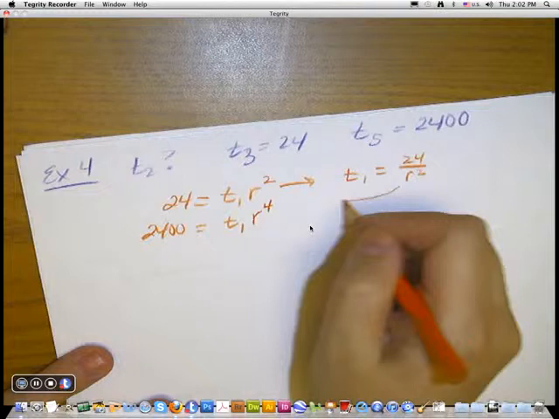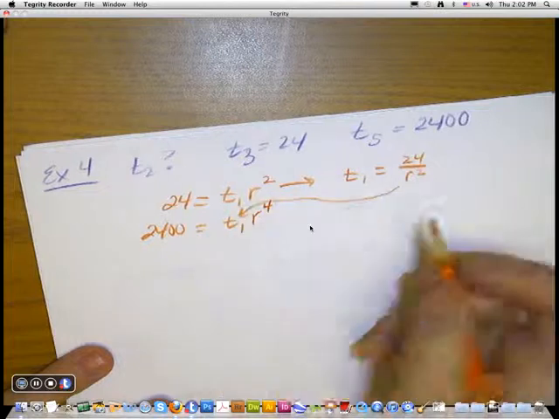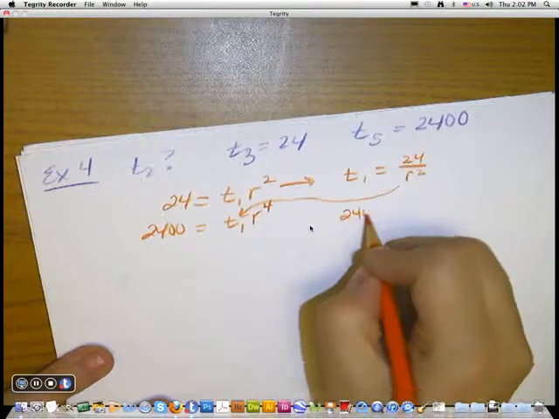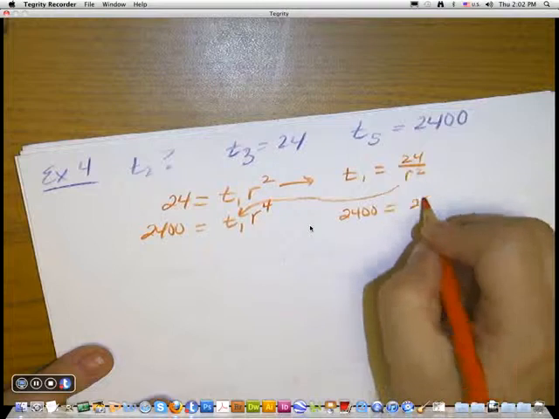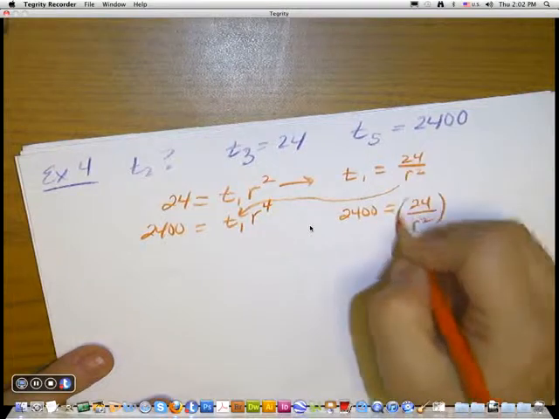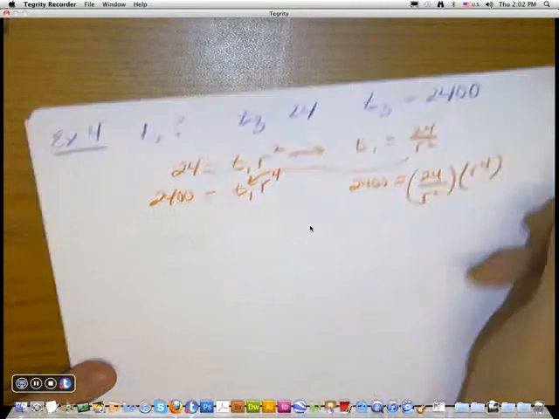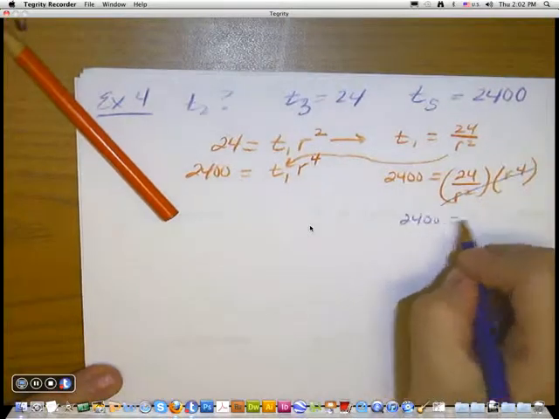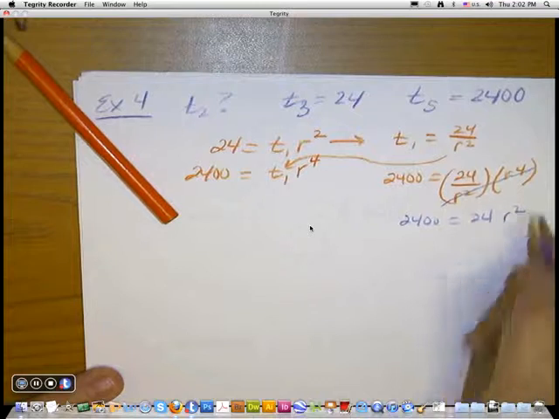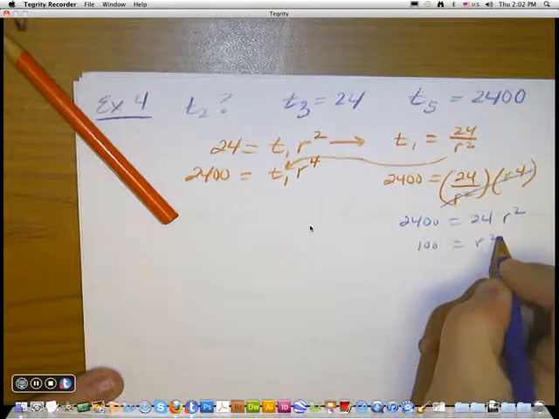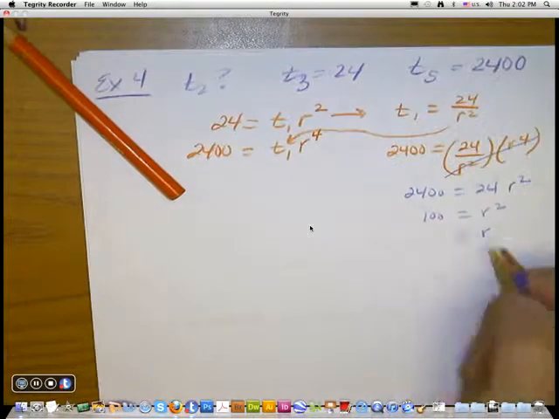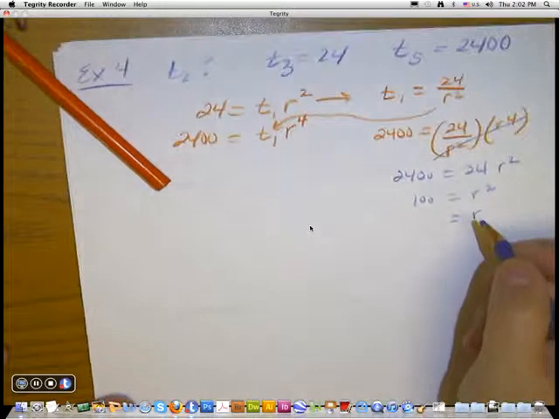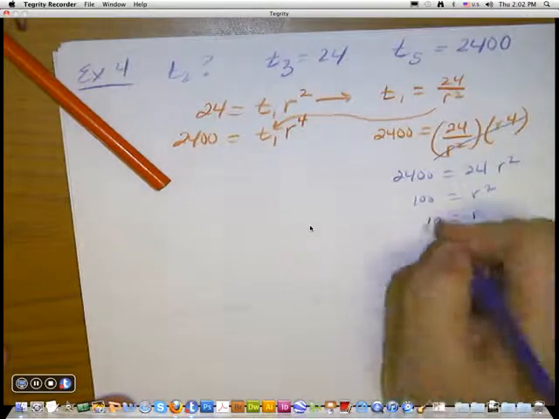We're then going to put that into the equation so that we get 2400 is 24 over R squared times R⁴. That reduces, so 2400 is 24R squared. 100 is R squared. R is going to be 10.